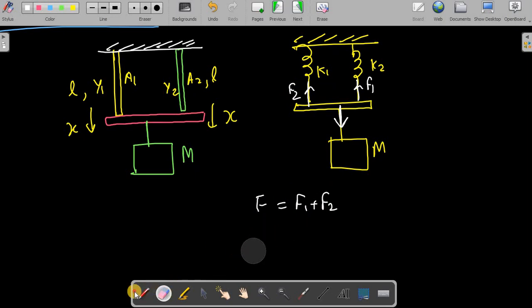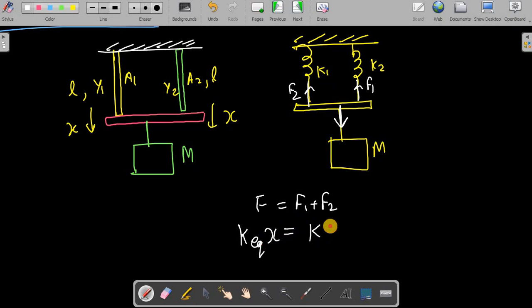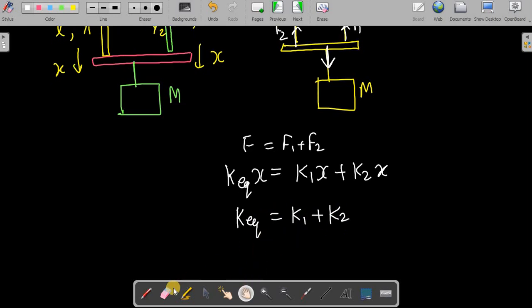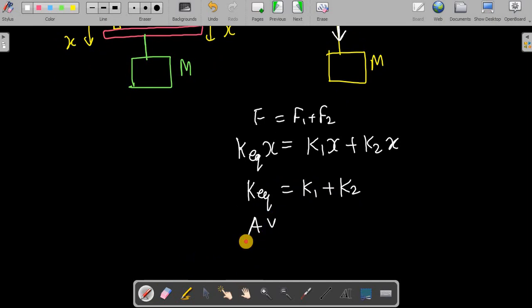Right? mg, that is equal to F1 plus F2. But we want to write in terms of equivalent. So F you have to write as K equivalent into X. This is K1 into X plus K2 into X. So here in parallel, the spring constants get added. Now when you are writing K as AY by L, A equivalent, Y equivalent, length is going to be common.